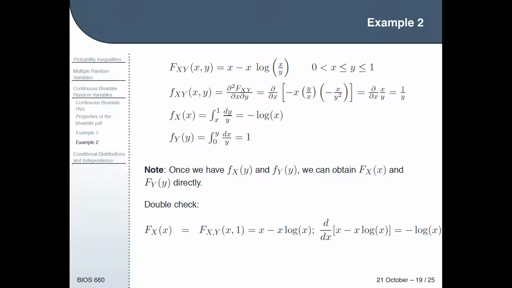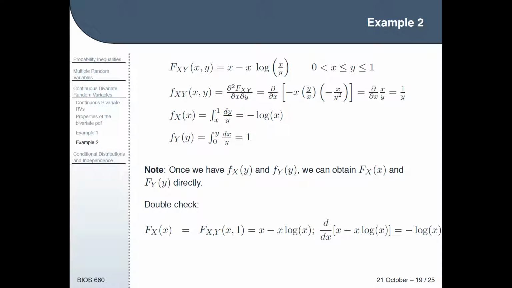To get the marginal CDF of x, this was like my sanity check to convince myself that I had in fact calculated this correctly. If we've done all this right, if we calculate the marginal CDFs and then differentiate them, we should obtain the same marginal PDFs that we got up there. So this is me checking that I actually did that right, plus just illustrating the fact that all this works.